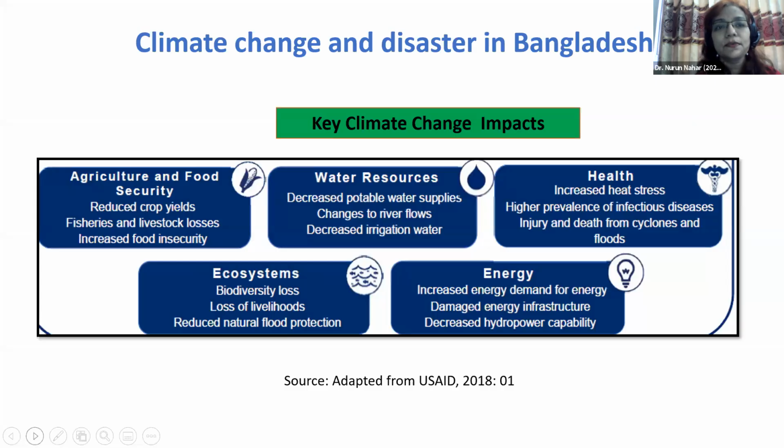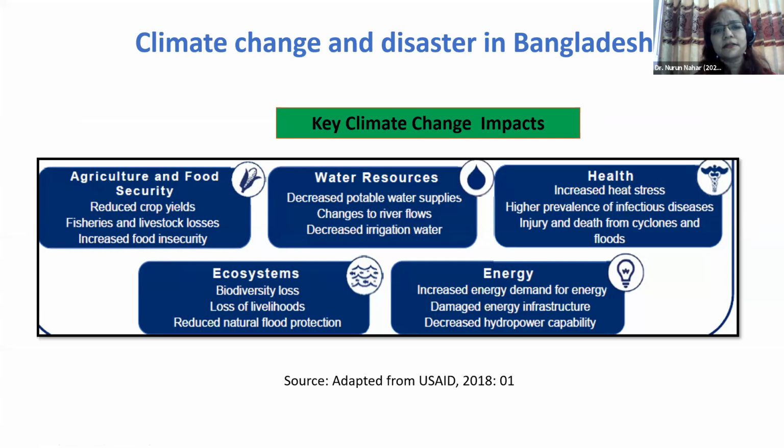In the next slide, as I was speaking about the hazards, I'd like to touch on the climate change impacts. This conference has highlighted climate change impacts and how they increase the risks that we're talking about.